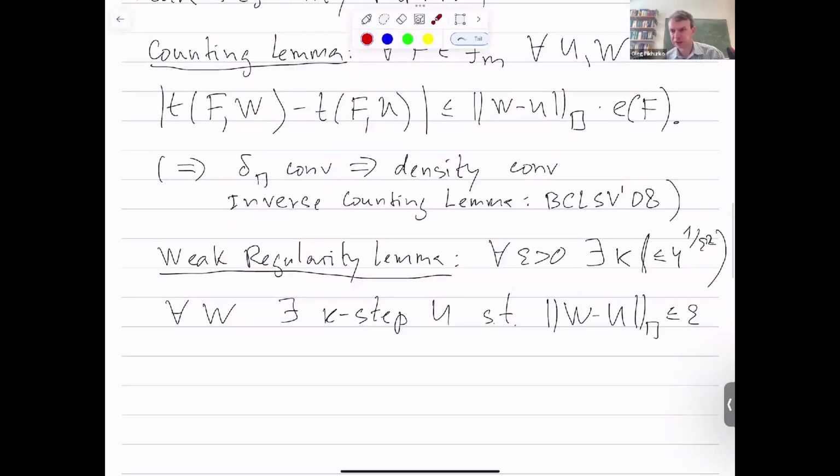So maybe just very briefly, again, I'll be getting more and more vague. Suppose you have a big graph G, and you want to approximate its max cut within epsilon. What you can do is try first to find this weak regularity partition within this epsilon. And if you can do it efficiently in some way, then this partition has only a bounded number of parts, so you can look at all possible 2 to the k different cuts.